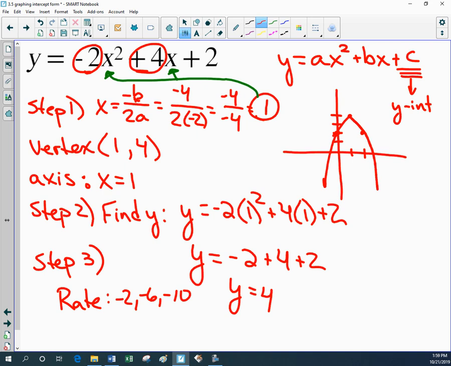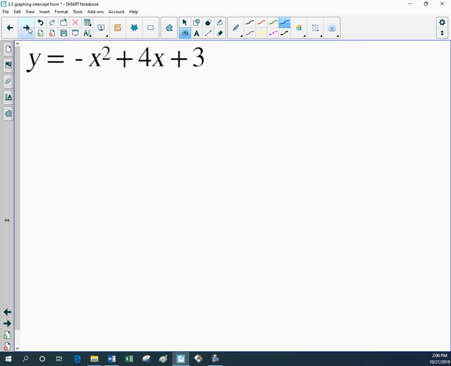And here's my graph. Okay, if I take a look at this, positive 2, that is our y-intercept. And if we look here, that's exactly where the graph crosses the y-axis. Okay, so if those two match up, that's one way to check to make sure you've graphed correctly in standard form.